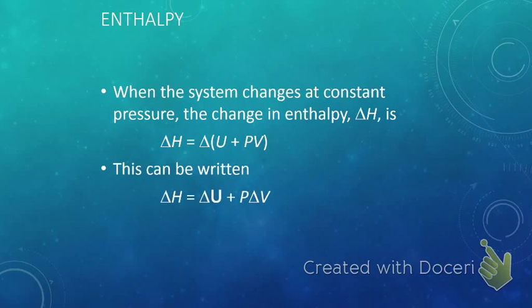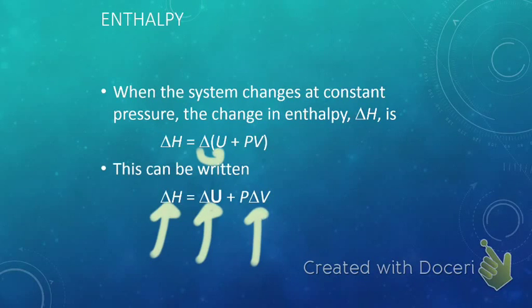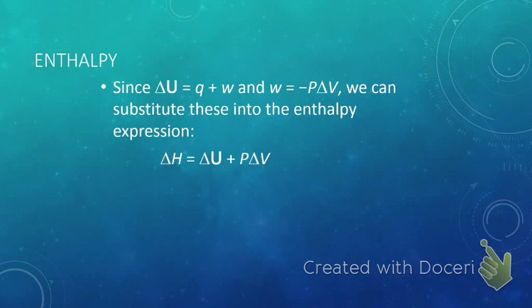So we multiply, so it's going to be delta U plus delta PV. However, P is not changing, so P is a constant. So it comes out of the delta. So now the change in the enthalpy is equal to the change of the internal energy plus P delta V.